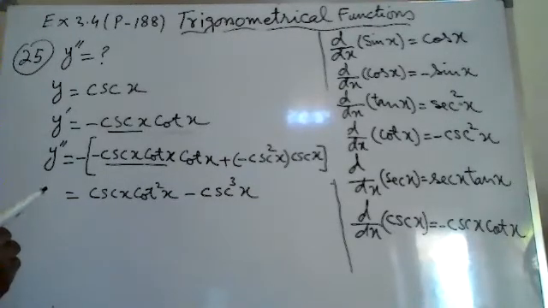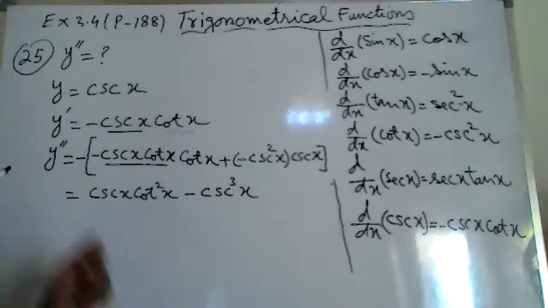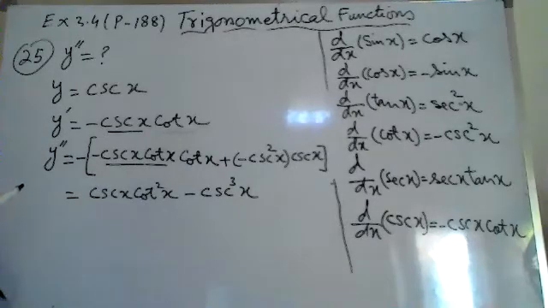Cosec cube x, cot square x will be changed into cosec x. You know sec square x plus 1 is equal to tan square x, sorry, tan square x plus 1 is equal to sec square x, and cot square x plus 1 is equal to cosec square x.